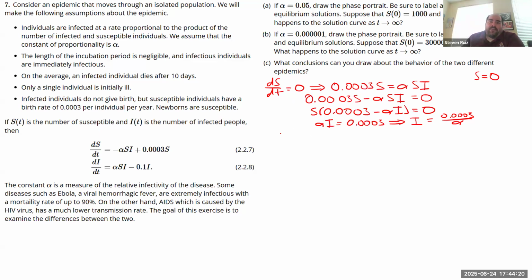What about when di dt equals 0? Then I also have this alpha si term minus 0.1 I. Did they explain where that 0.1 I came from?